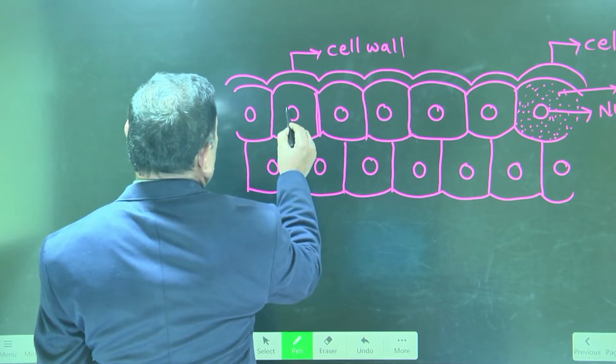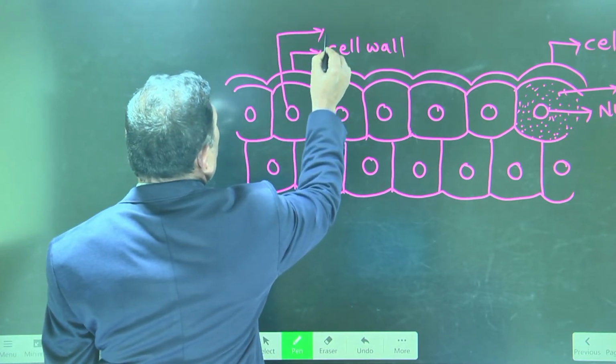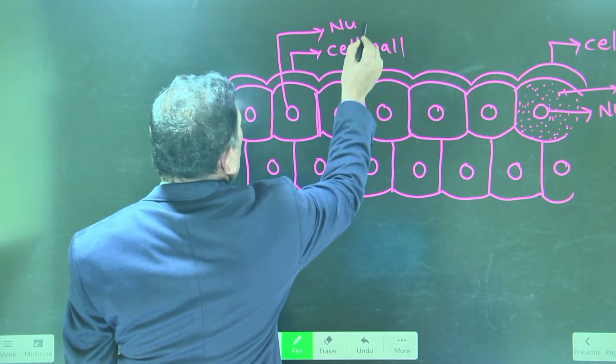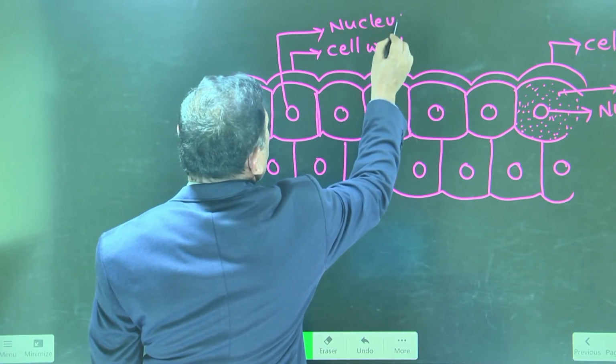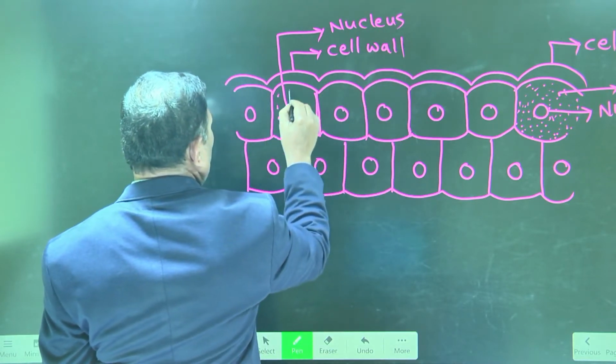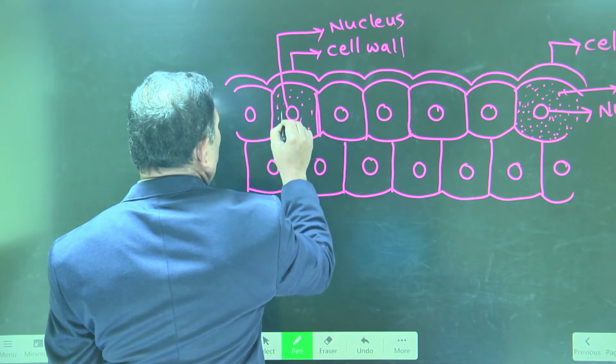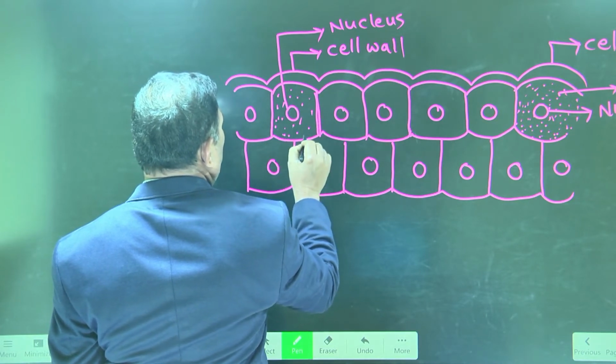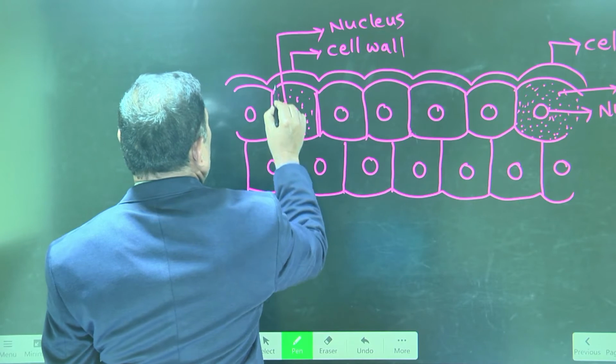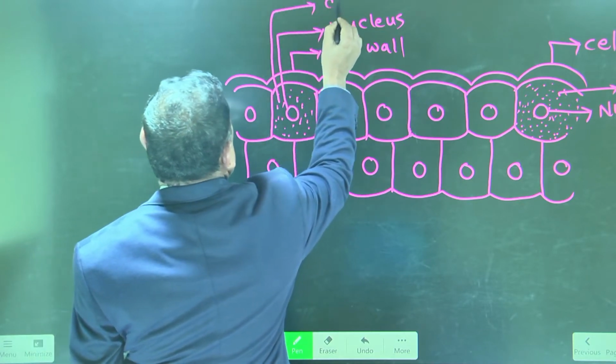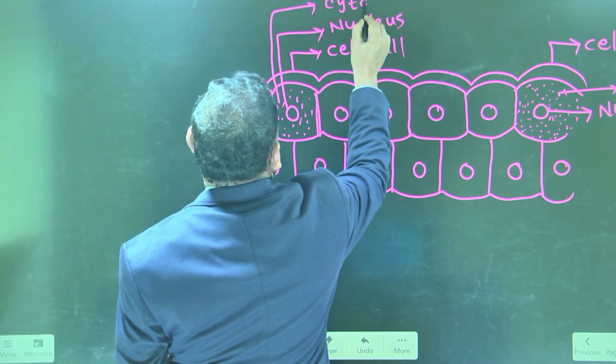Next, this is called the nucleus, and this is called cytoplasm.